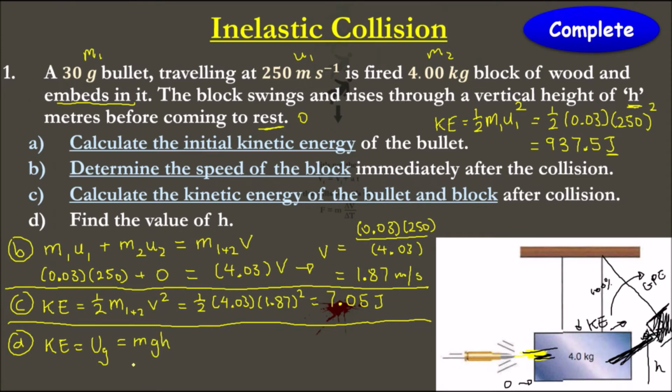In this case here, m is 4.03. The g value is acceleration due to gravity. h is what we want to find. The value for energy is 7.05. So if I rearrange my equation around, I'll just show that working out there.